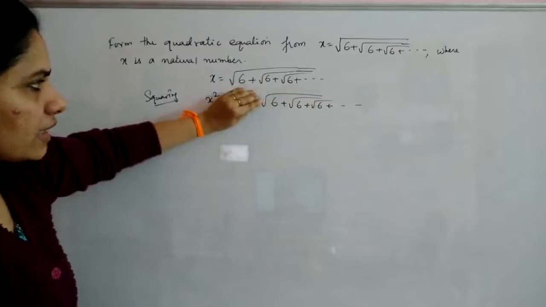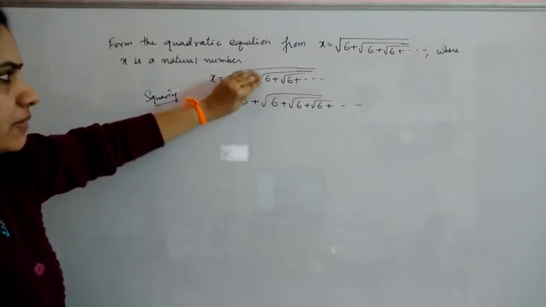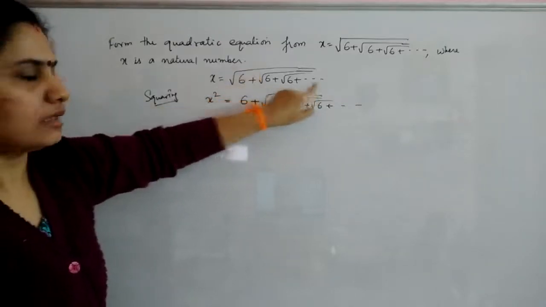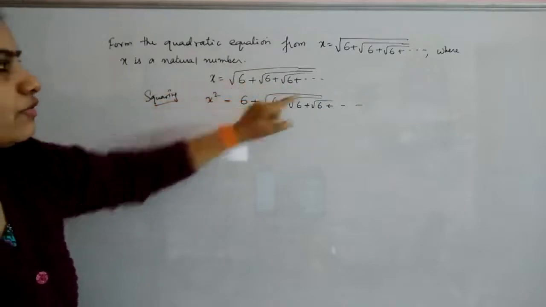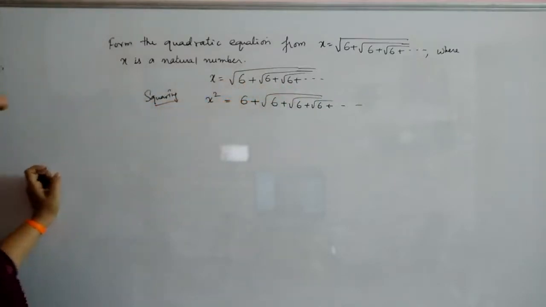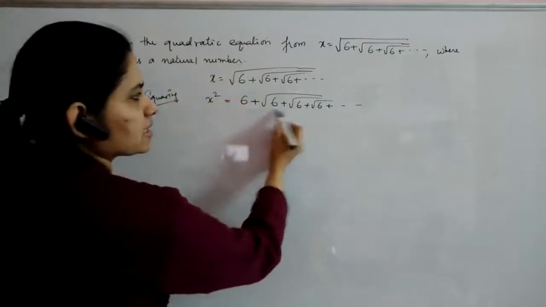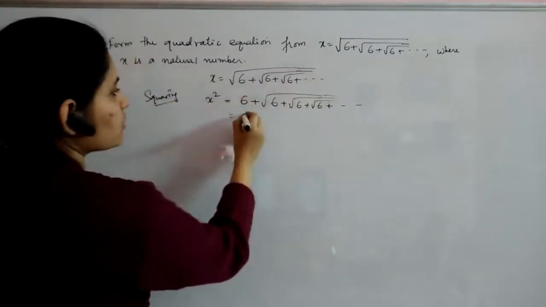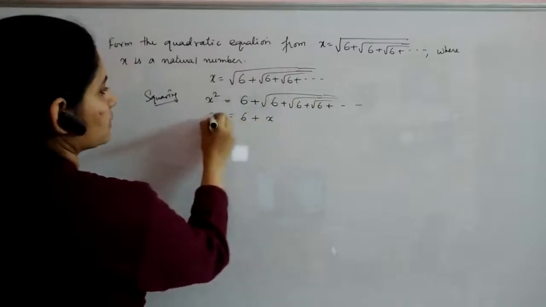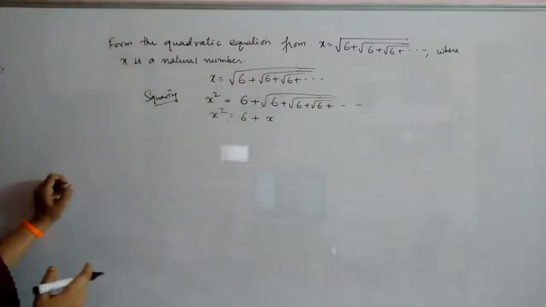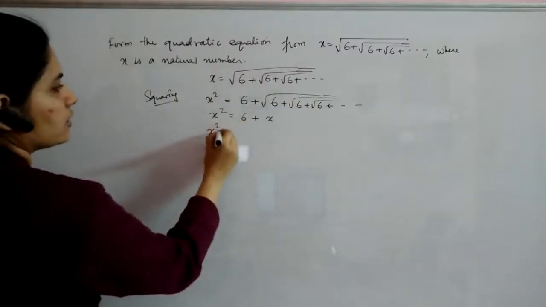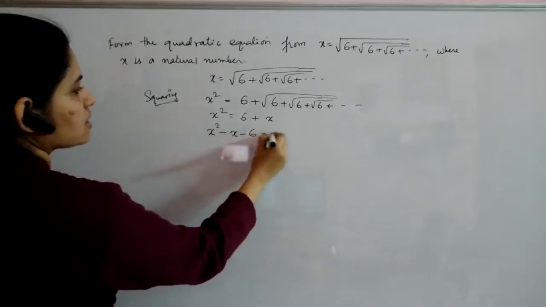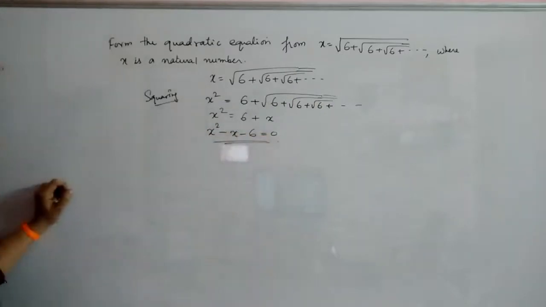If we reduce one term from this, it is again in the form of x equal to root of 6 plus root of 6 plus etc. So we can replace this term with x. This will become 6 plus x. So the quadratic equation will be x square minus x minus 6 equal to 0.